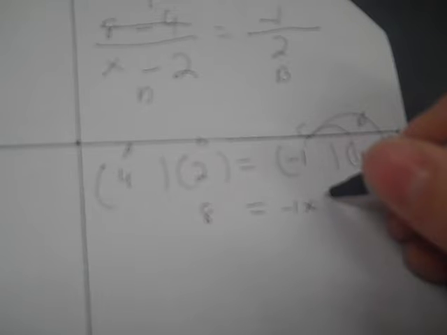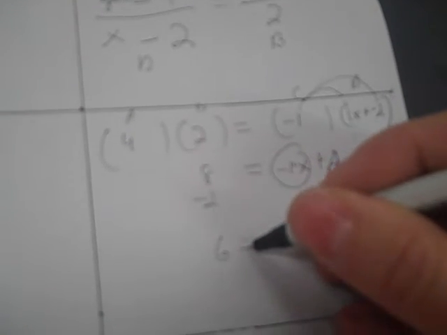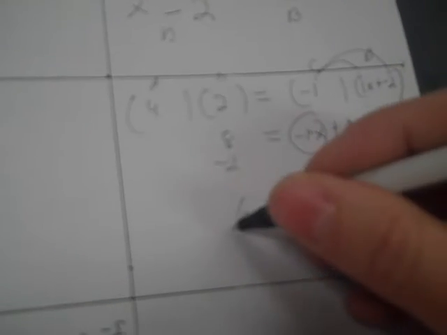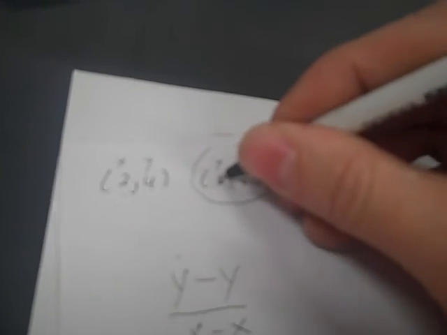Over here I distribute. -1 times 1x is -1x. -1 times -2 is +2, so +2. Okay, so I need to subtract the 2 from the 8, which is 6. And then I go divide. -6 equals x, or x equals -6. So I go here, and that coordinate was -6, 8.